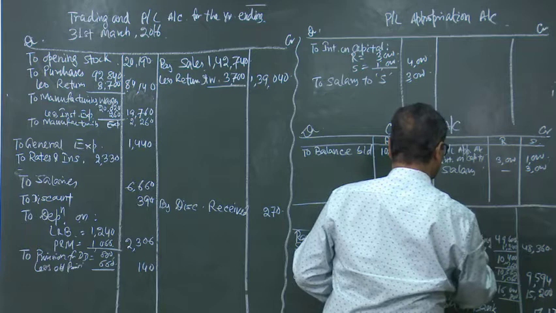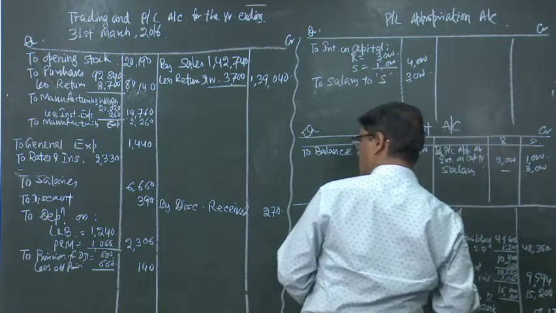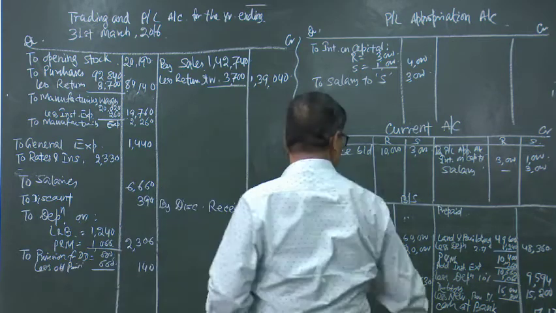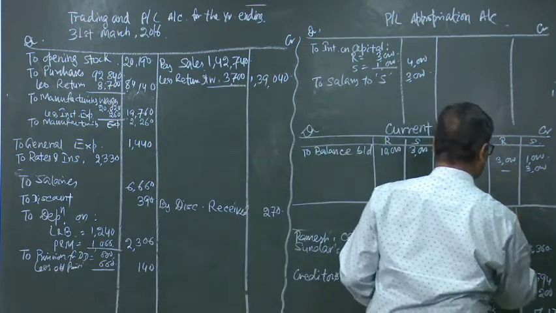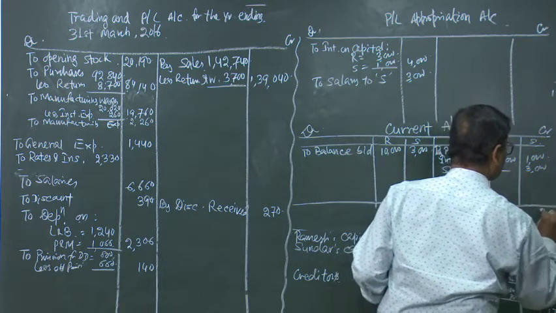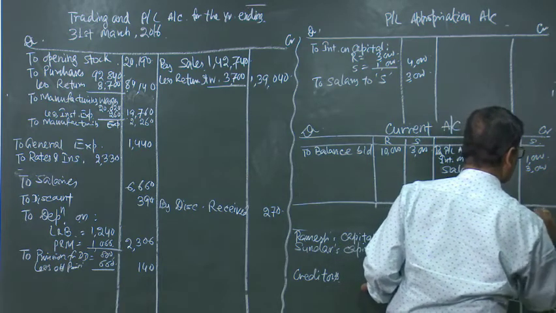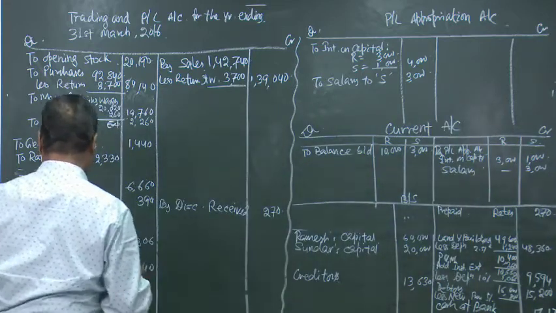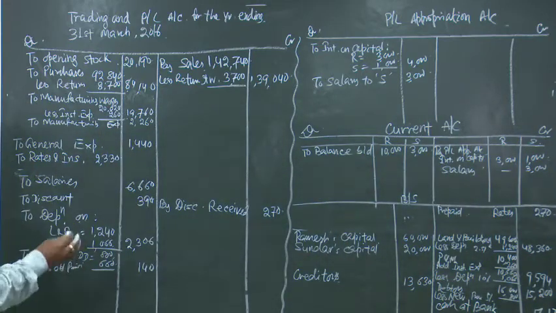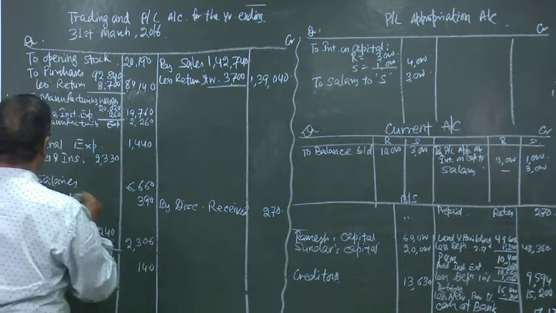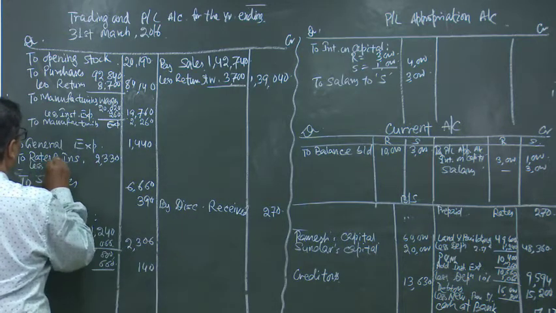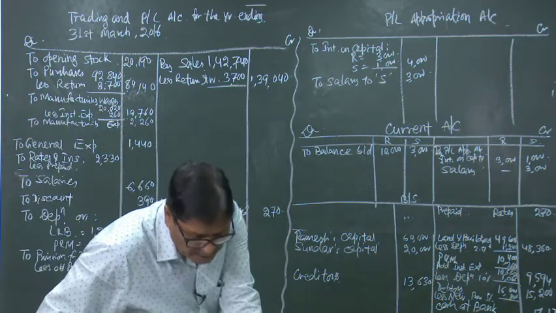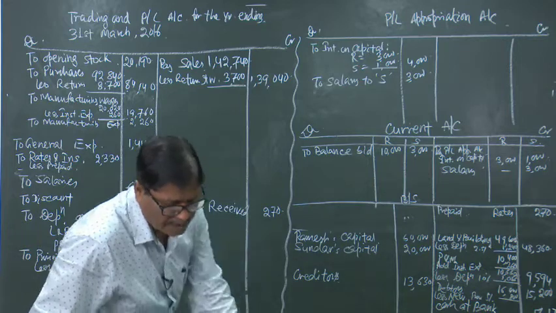Prepaid rates 270. So prepaid rates here we can write, from the rates we can deduct, less prepaid rates is 270 and insurance 160.